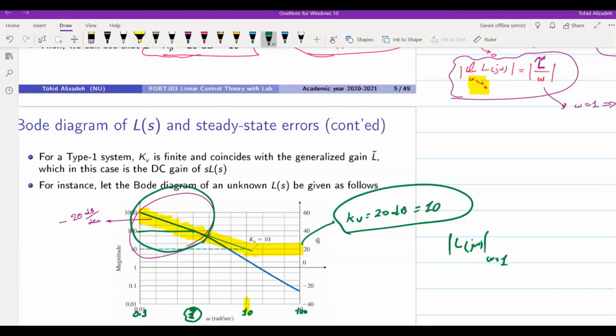This time it will give us Kv, which is equal to 40 dB or 100. Okay, so for the second example, Kv will be equal to 40 dB, or 100. It just depends on whether ω equal to 1 is included in the first part of the Bode plot or not, where we have the slope of minus 20 dB per decade.